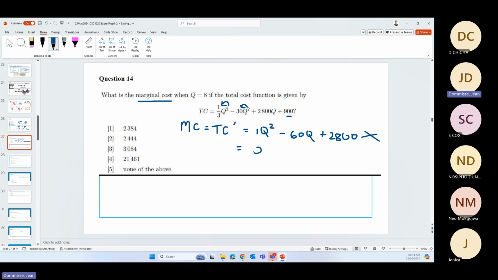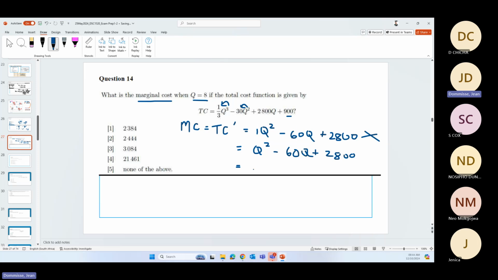So we now sit with Q to the power of 2, minus 60Q plus 2,800. And they ask us what is the marginal cost when Q is 8.